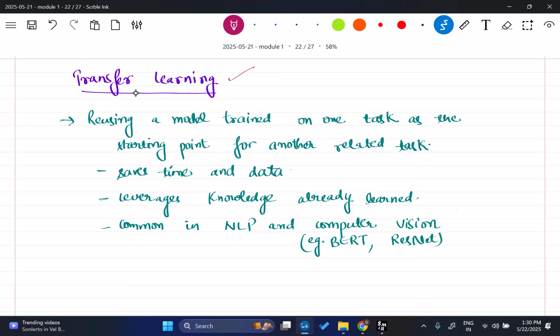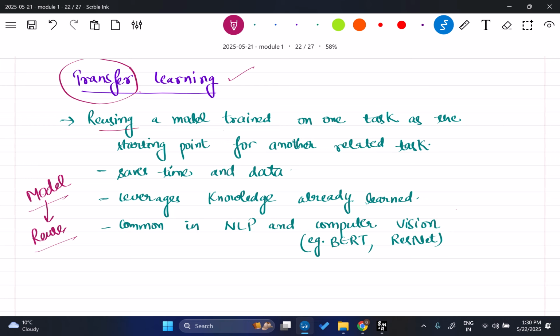Transfer learning is, let's suppose you have built a model which is performing some specific task, but you want to reuse this model without training it from scratch, just fine-tuning it for another related task. That concept is known as transfer learning, where you're applying the knowledge obtained from different data on a different type of data.